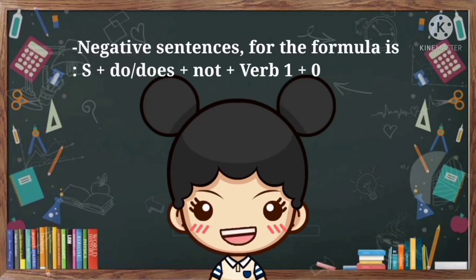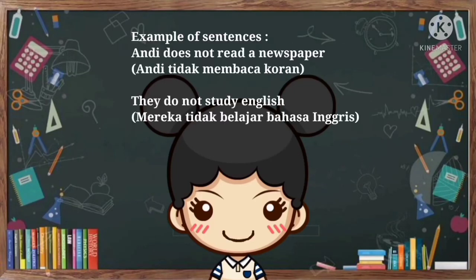Negative sentence, the formula is subject plus do or does plus not plus verb 1 plus object. Example of sentence: Andy does not read a newspaper, they do not study English.